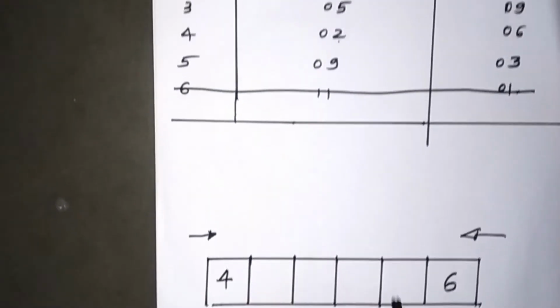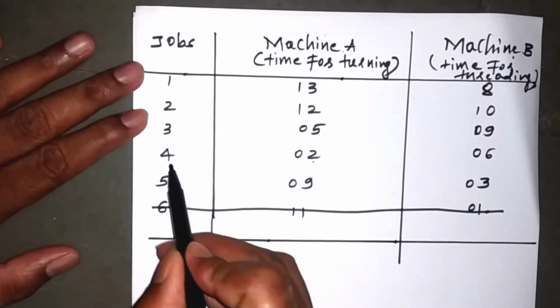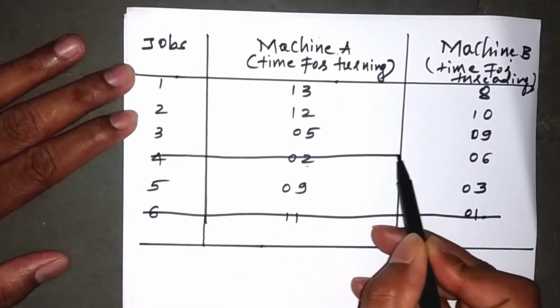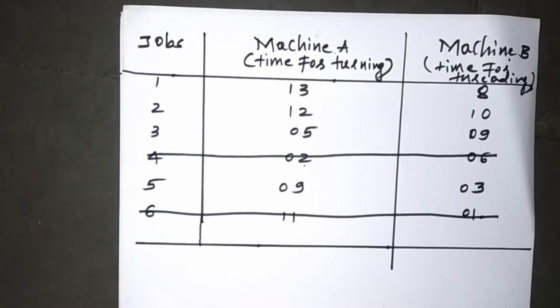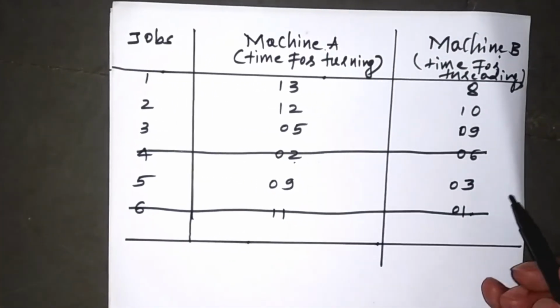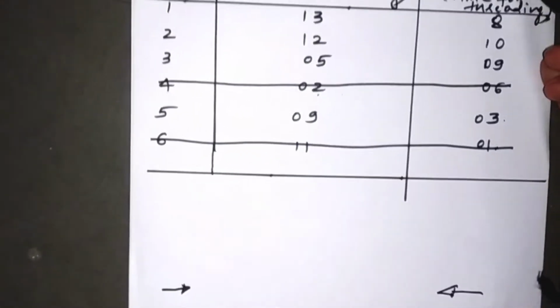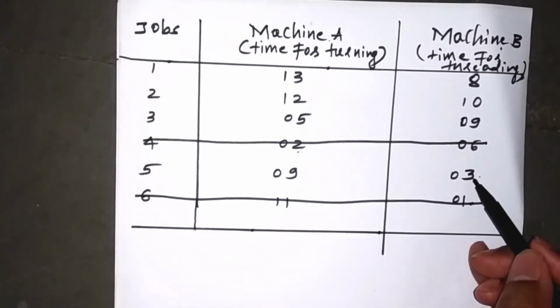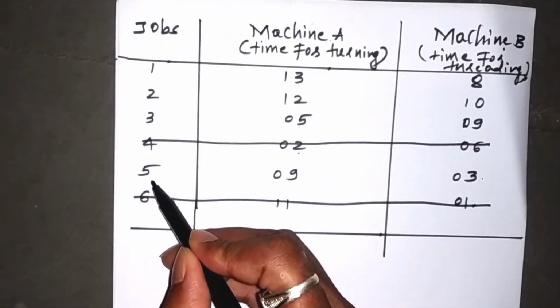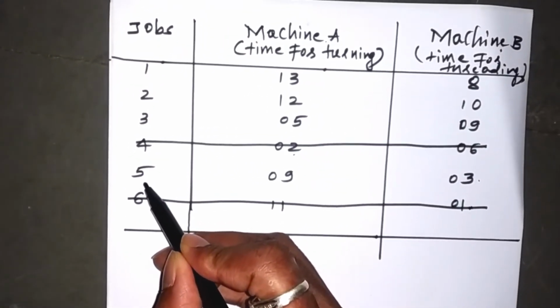Once you sequence job number 4, you delete it from consideration. Like this you have to process it. The next minimum number is 3, and this 3 is for machine B, for job number 5. So I have to sequence job number 5 after job 6.